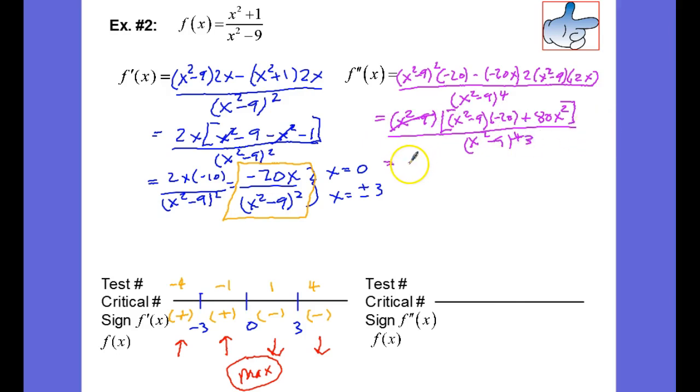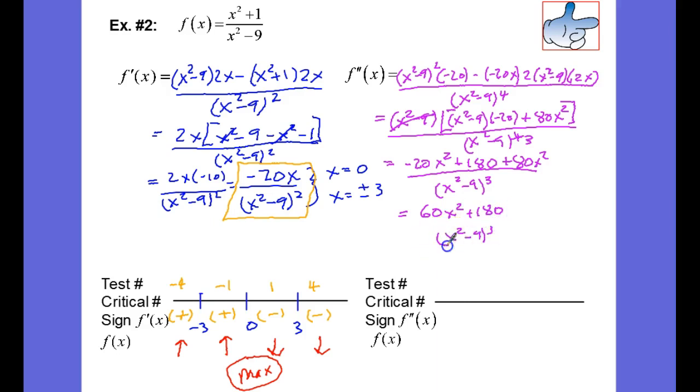And in the top, we now have negative 20x squared, distributing plus 180, plus 80x squared, over (x squared minus 9) to the third power, and this gives us, combining like terms, 60x squared plus 180 over (x squared minus 9) cubed.